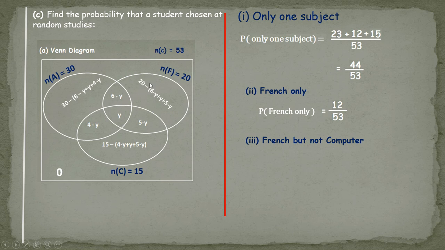Just substitute the value of y. Substitute 3 here and also substitute 3 here. So we shall sum up this and that. It gives us 15 out of 50. We can now take example number 4.